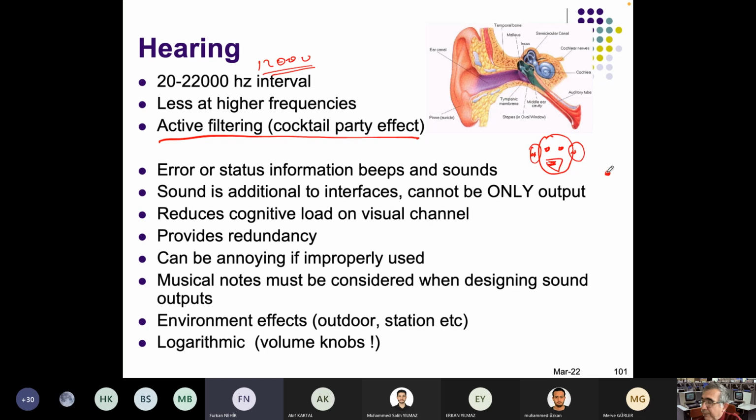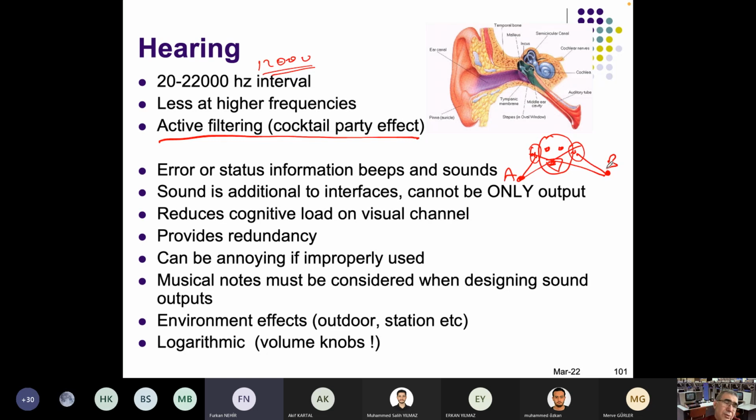If the sound is coming from here, there is a time difference for the sound to come to each of your ears, and your brain's perception system processes it so that it can ignore the sound coming from A, but it can focus on sound coming from B. That's an interesting property. So active filtering is available with hearing.